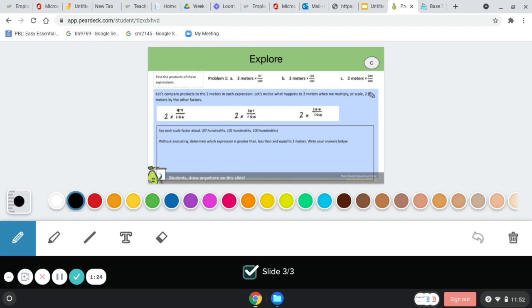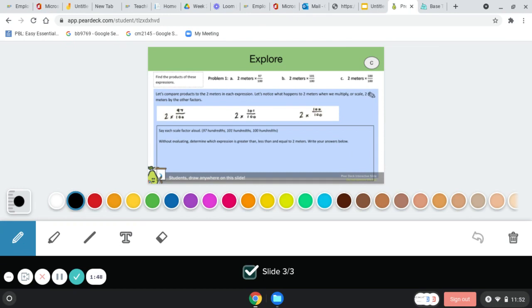So one of the most important things that we need to know when scaling is that if you are multiplying by a fraction that is greater than 1 whole, then that means your answer will be the greatest one. And I'm talking about in the context of these three problems that we have here. Of course, problems can be different, but these are the ones that we're focusing on here.